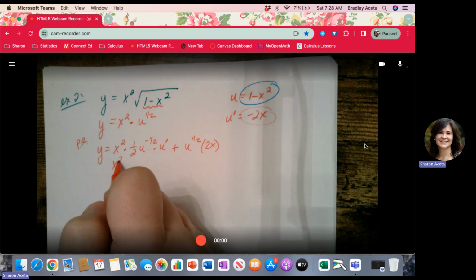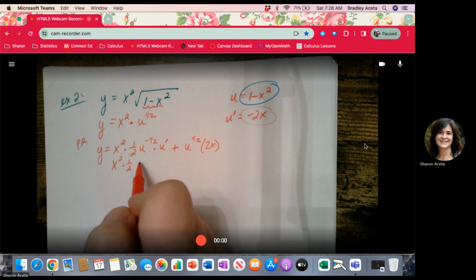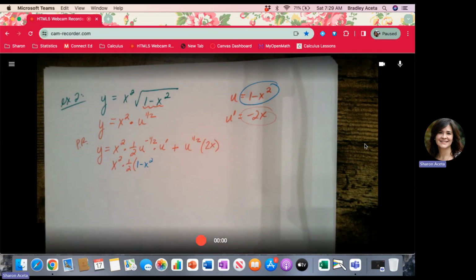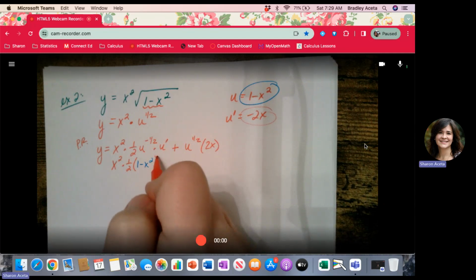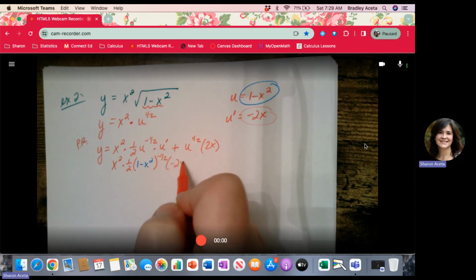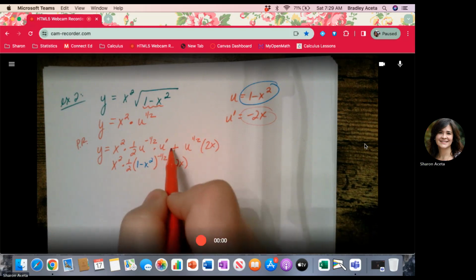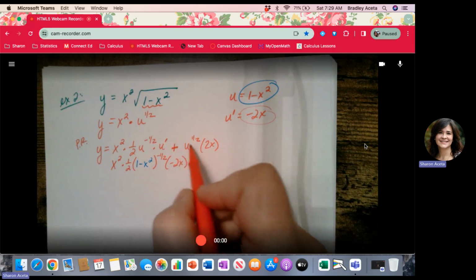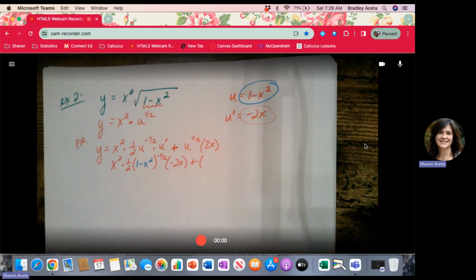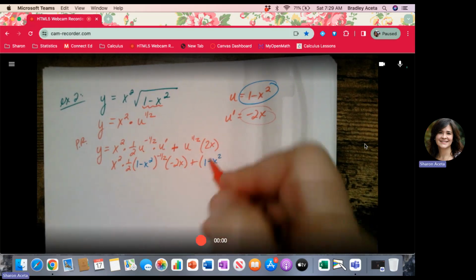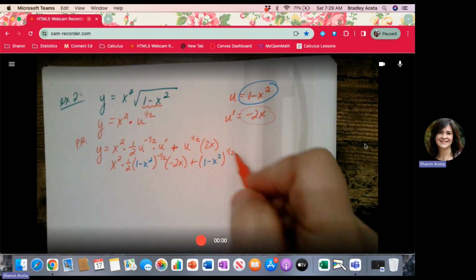We got x squared times 1/2, u is that (1 minus x squared) to the negative 1/2. u prime is negative 2x. Then comes a plus. You're just literally following the formula. u again, (1 minus x squared) to the 1/2, and then times 2x.